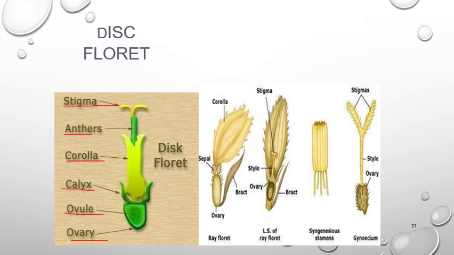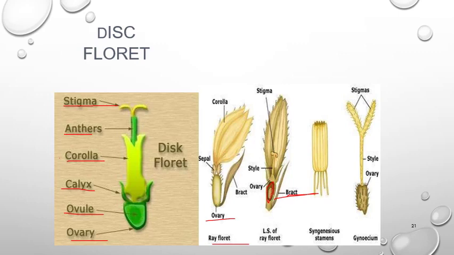So this is the ray floret. Here at the base the ovary is present. This is the bract, or these bracts are referred to as involucral. Then we have the syncarpous ovary here.